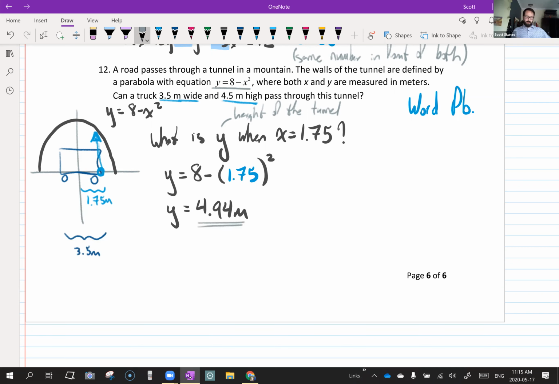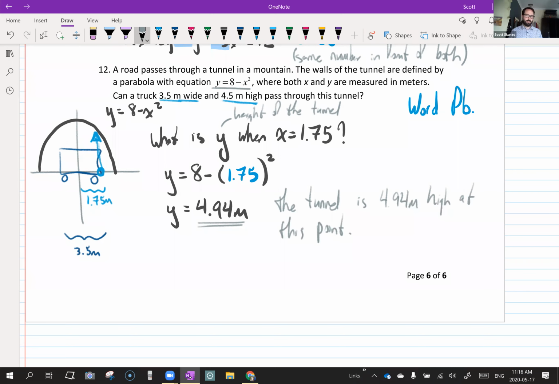Okay, now I'm going to ask you, that's not the final answer. The question is, can a truck 4.5 meters high pass through this tunnel? What do you think? Anyone want to hazard a guess? I'm just writing it out clearly.